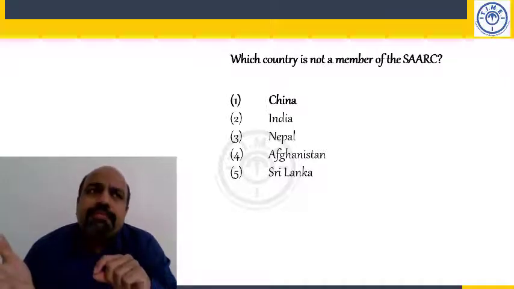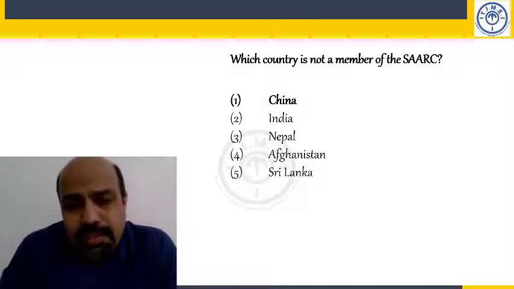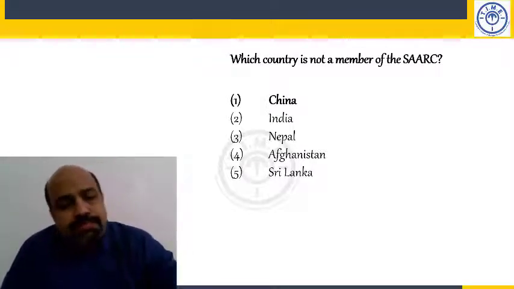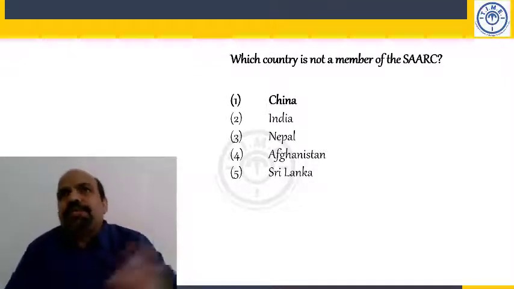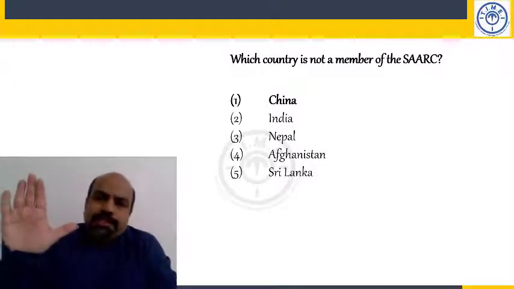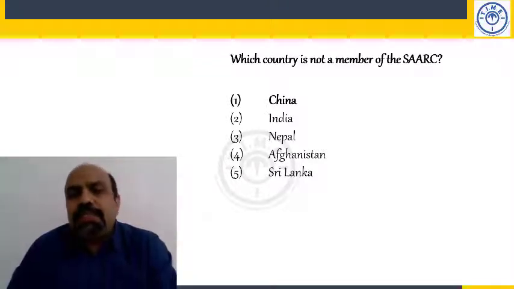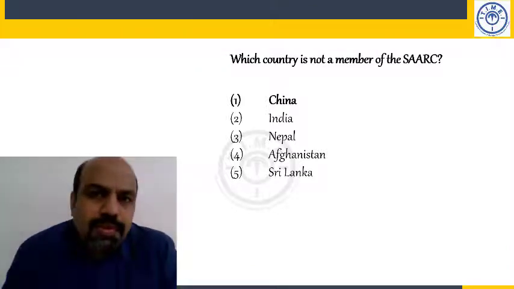If you look at members, 8 members, you're right. Who are these 8 members? Afghanistan. Take a geographical route. We look at India like this. Afghanistan, Pakistan, India. Go up. On the shoulders of India, Nepal.